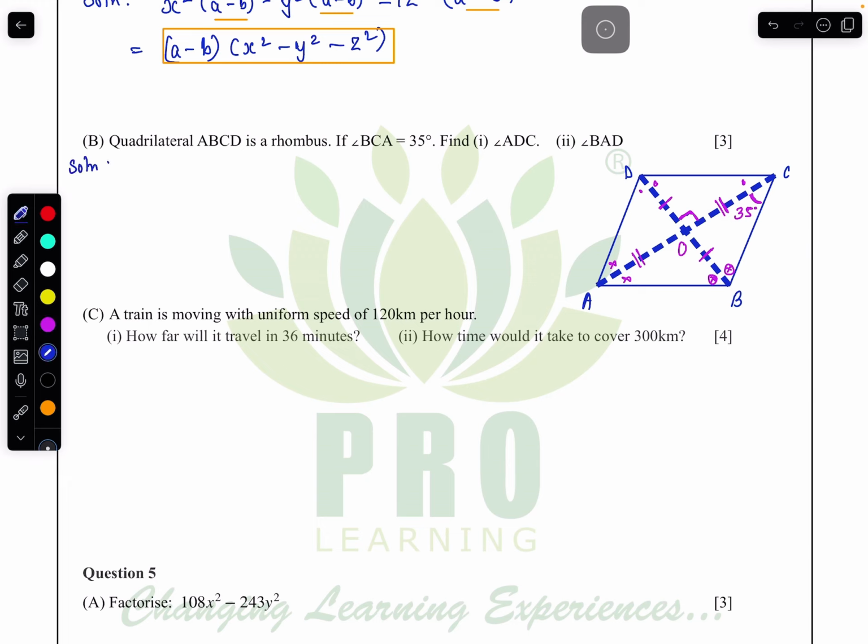Our solution is here. The first thing that we want to state is angle BCA is equal to angle DCA is equal to 35, and the reason for this is the diagonals of a rhombus bisect opposite angles.